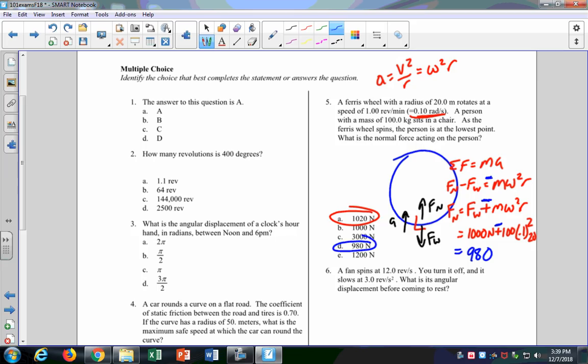The answer would have been D if it was at the highest point. Right, because at the highest point, your acceleration is down. The acceleration is always towards the center. Right, centripetal, center seeking, it's always towards the center. All right.